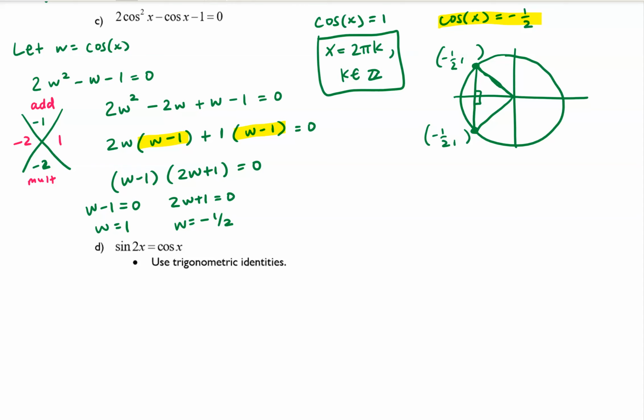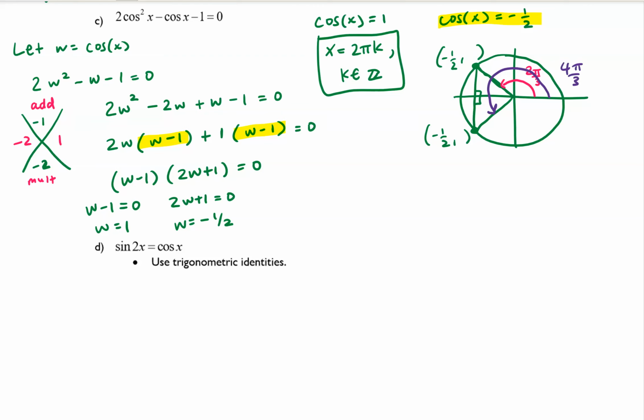And the first angle, we know from the unit circle, this is equal to 2 pi over 3. And then the second angle, which is that one, is equal to 4 pi over 3.